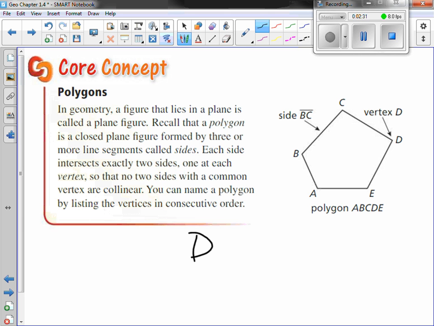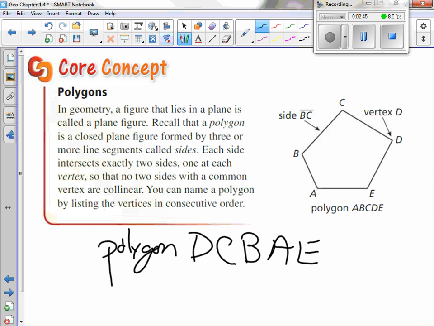Once I pick the next one, because we only had C or E, we went D, C, yes? Have to follow that path. The next one would be B, A, E. So we call this polygon DCBAE. And that's it. Now we could have gone the other direction and said DEABC, and that'd be another way to name it.